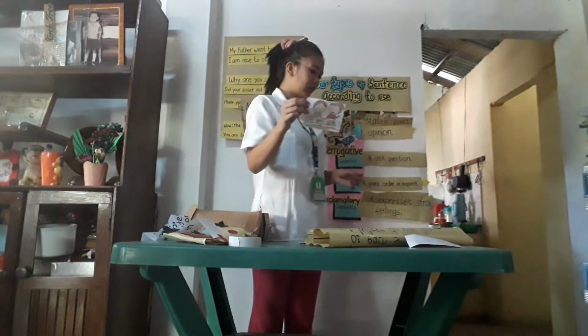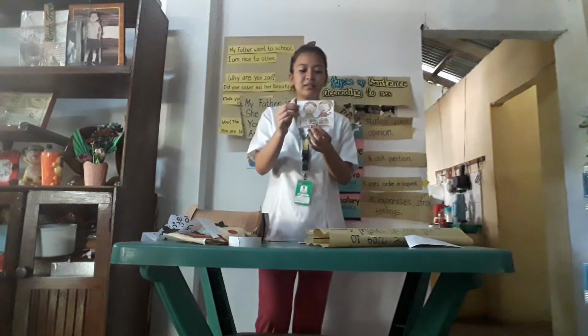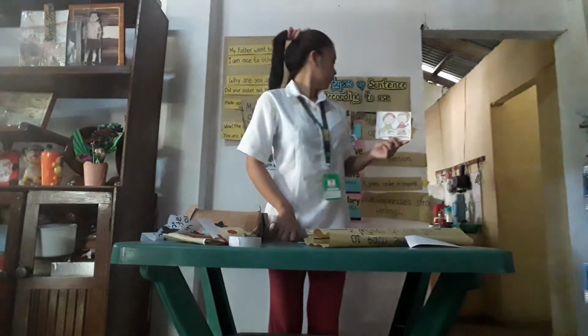Okay, then the example of imperative sentence that the group 2 make is look at the picture. Very good. They command the one kid to look at the picture. Then in exclamatory sentence they said, wow, the butterfly is great. Very good, group 2.